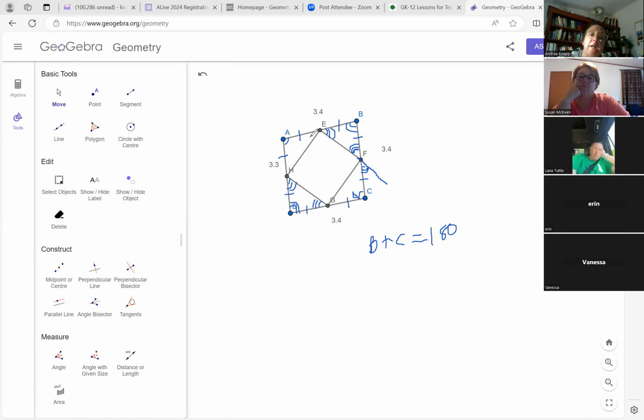Okay, and I'm going to put a dot on these angles just to mark the ones that are congruent here. So we've got an isosceles triangle there. So those two angles have to be the same. Therefore, and then we've got a congruent triangle here. So these would also be the same.